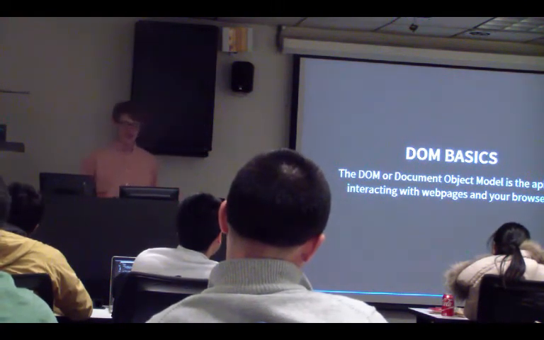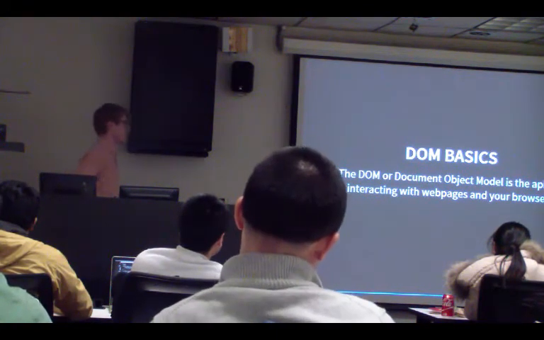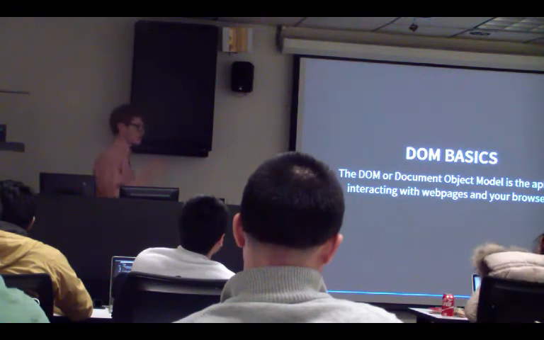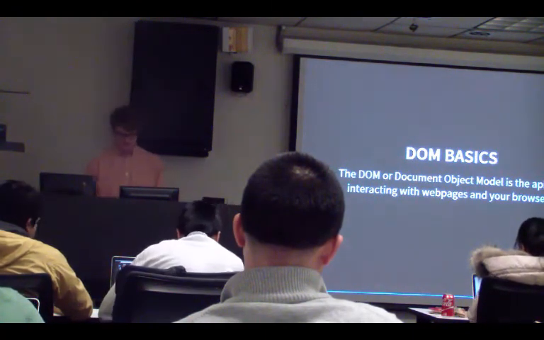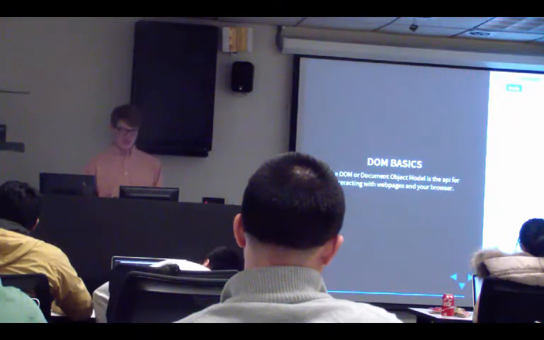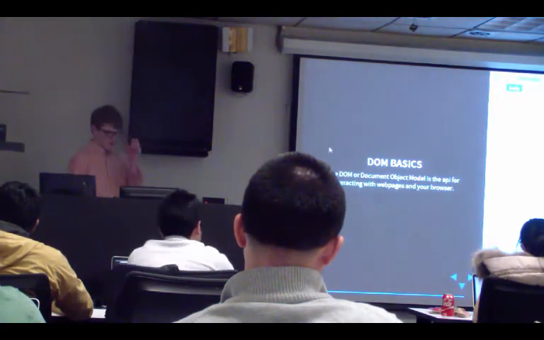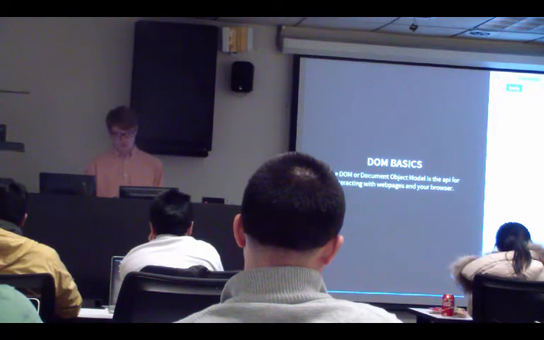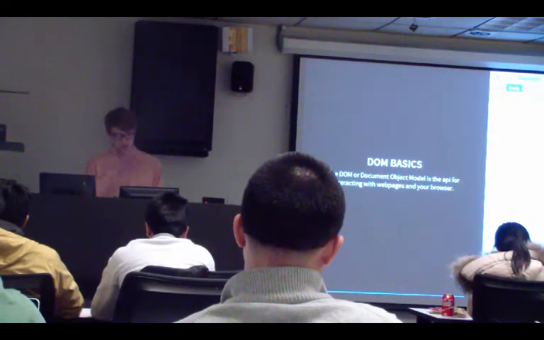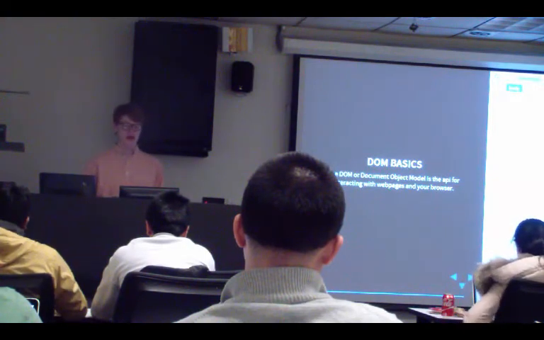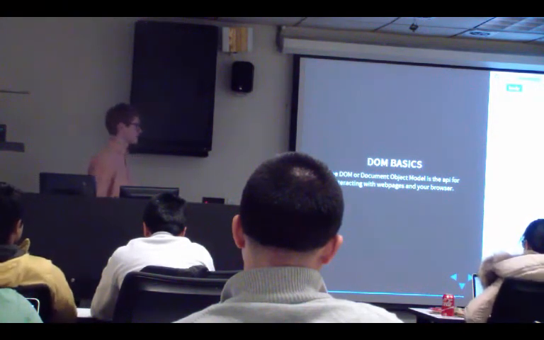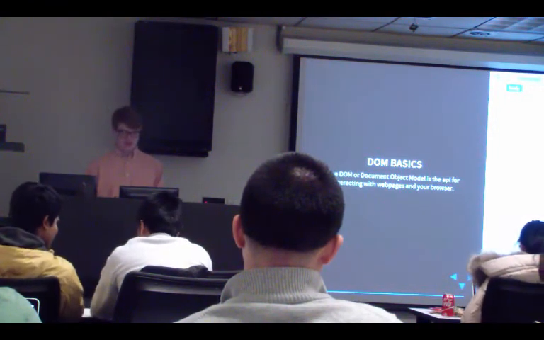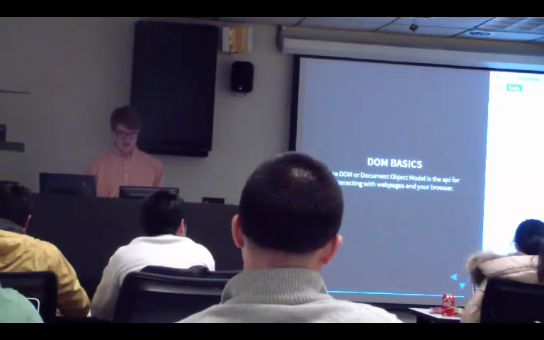Yeah, so the DOM is the Document Object Model, and it's basically the API for interacting with web pages in your browser. If you're in your JavaScript console, which in Chrome you open with Control-Shift-I, you can run any of the other code I was showing you before, but you can also access how the actual browser is working by using the document object.